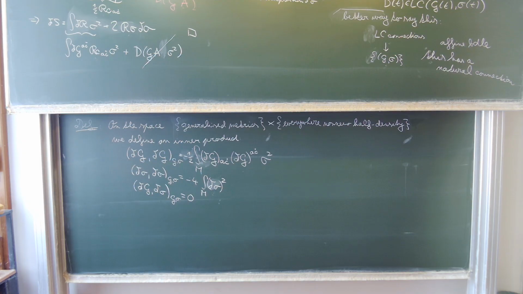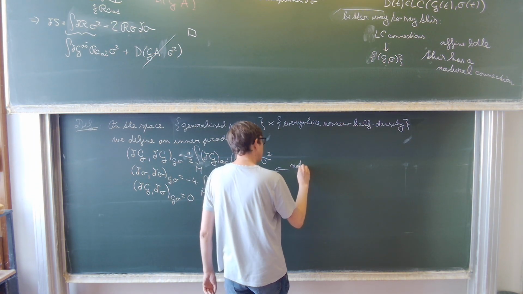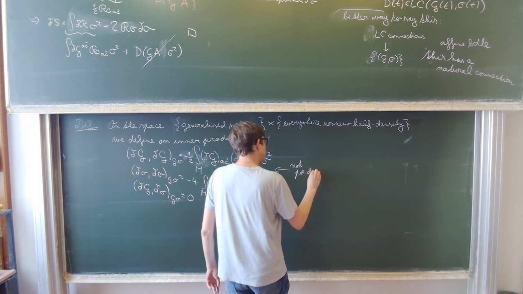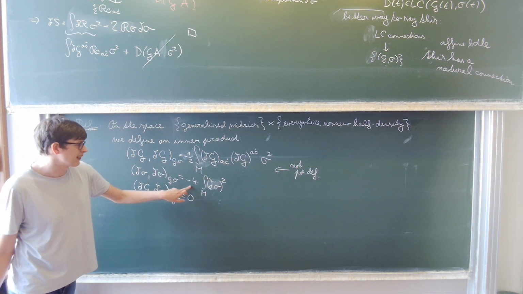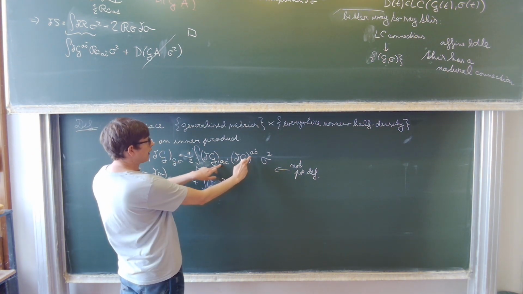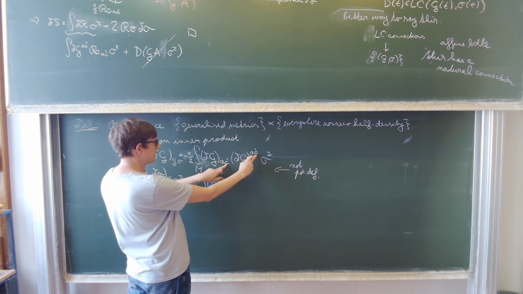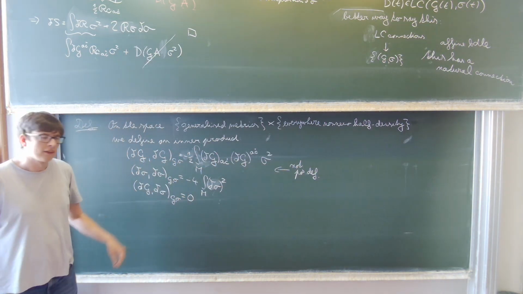It has all the properties of a metric, except it's not positive definite. This thing is always negative, which is clear because typically the pairing here on these indices is positive and this here is negative, so this might be positive, that's fine, but this one is definitely not.